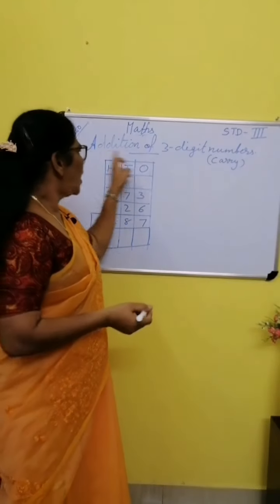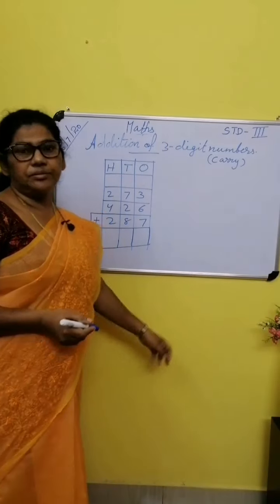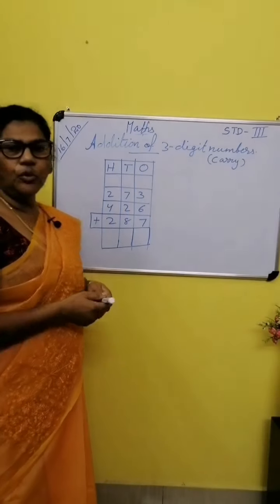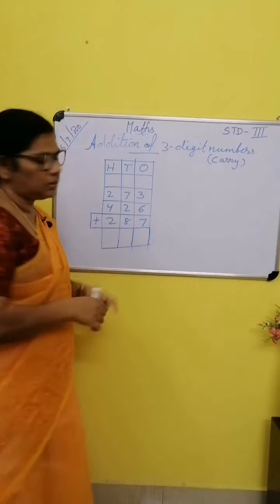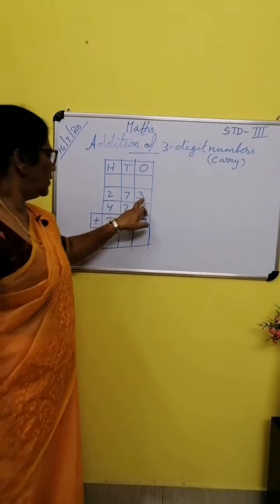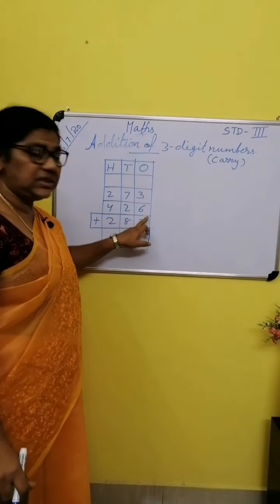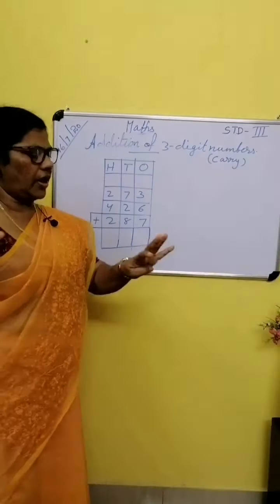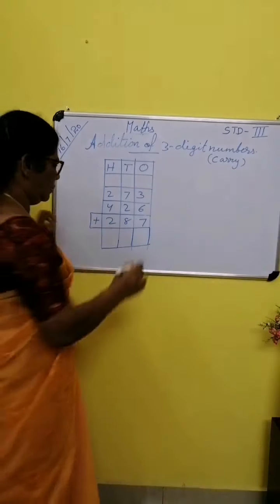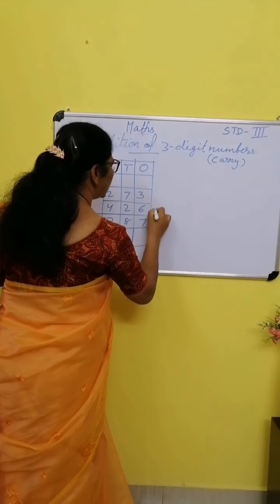Listen, addition of 3-digit numbers with carry. How to do it? First of all, 3 in the mind, 6 in the hand. 3, after 4, 5, 6, 7, 8, 9. Write on the side, 9.